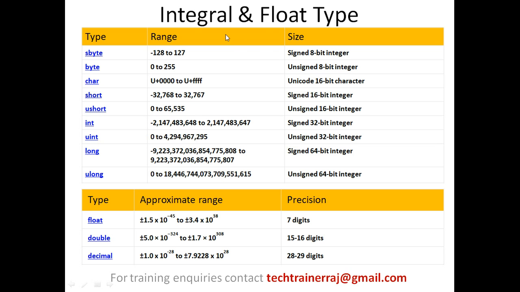So you can take a look at the other data types and their storage range and the size of the memory which gets allocated as soon as we create a variable of these types.